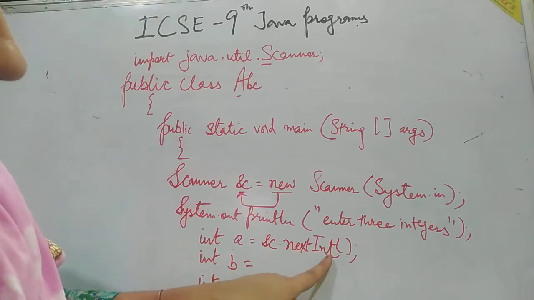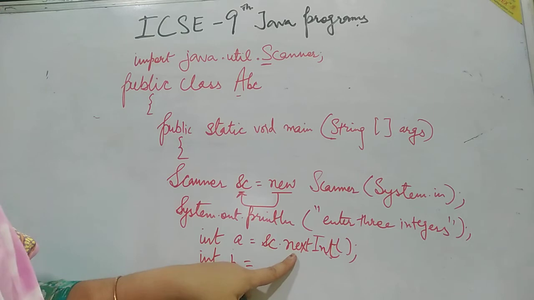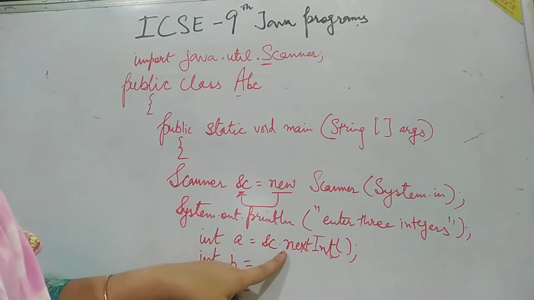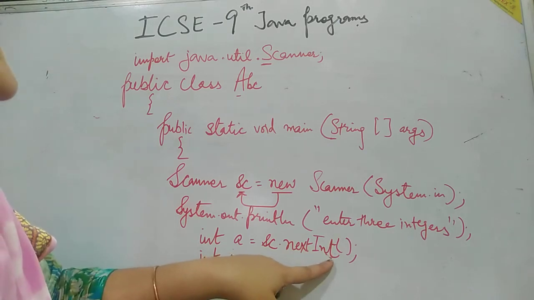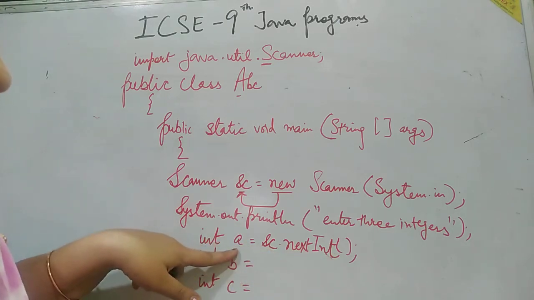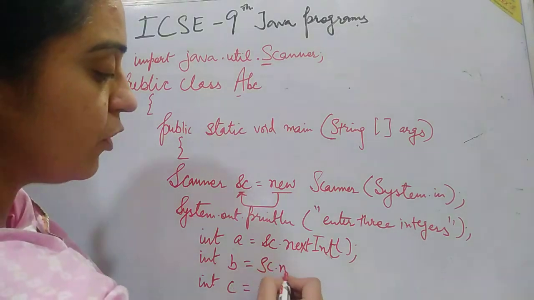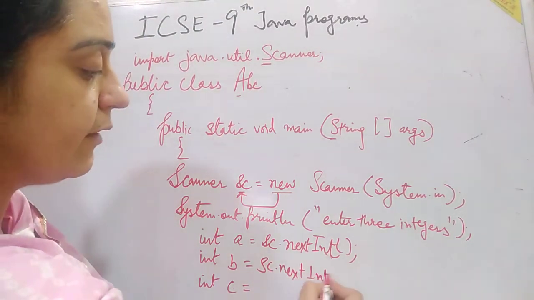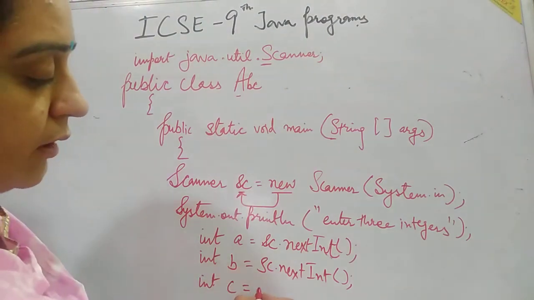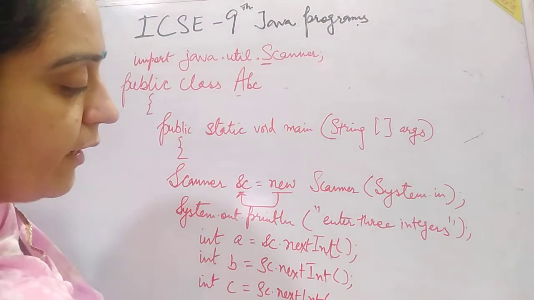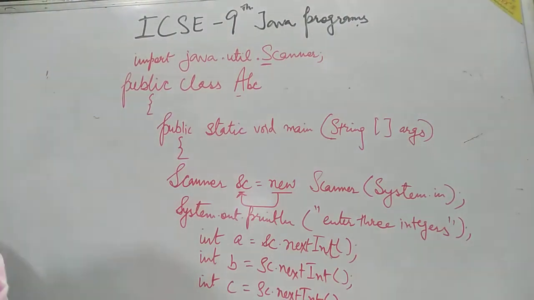That is why we are using the Scanner class method, that is nextInt, with the help of the Scanner class object and a dot operator here, and the runtime value, dynamic value, will be given to this variable. Then similarly sc.nextInt() here, as all the three data values are of int type, that is why we are using the nextInt method.